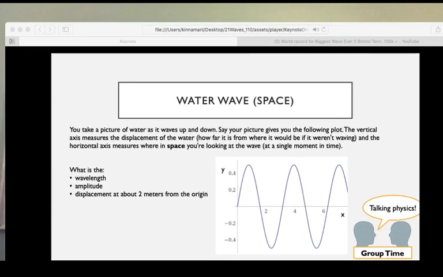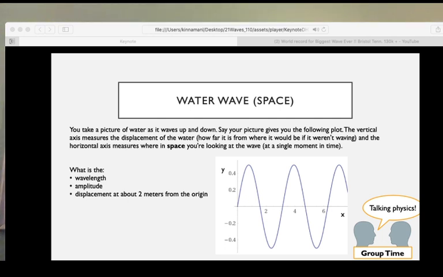Okay, so here let's practice this idea. We've got a water wave. I mean, maybe not a very realistic one. I guess it would be a super choppy day on the water, but that's okay. So we have a water wave, somebody takes a picture of it.